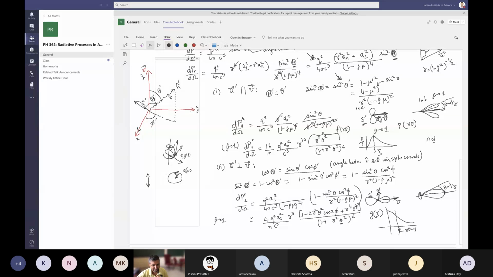You can add this and this with a phase of 90 degrees. A circular motion can be thought of as two linear polarizations with a phase difference of 90 degrees. You see what I'm trying to say? So even for a particle gyrating around magnetic fields, you can think of it as independent dipoles.